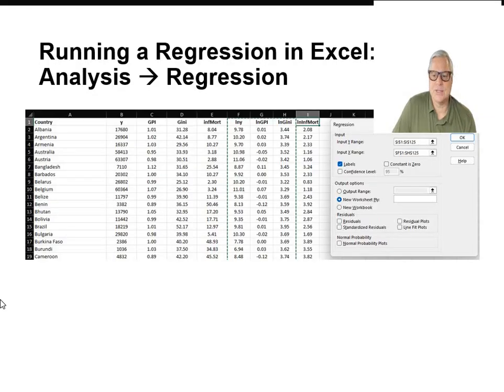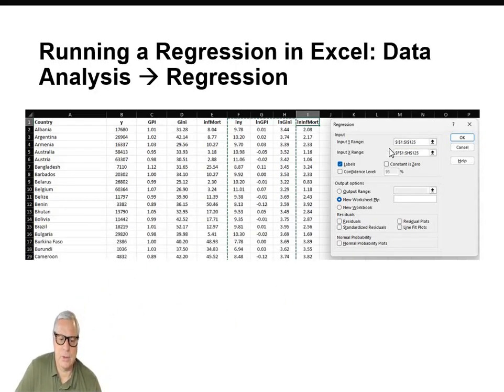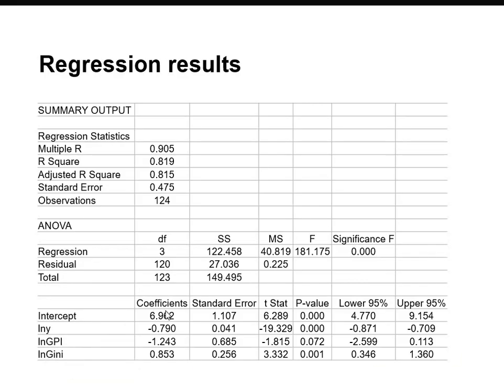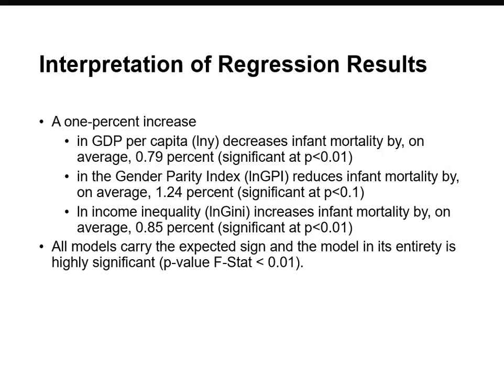So let's interpret next the regression results. Here on this slide, you can see again how we ran the regression. And so here are the regression results. So it's again 0.79, 1.2, so the same values, so we don't have to spend more time on this. Again, interpretation of the regression results.